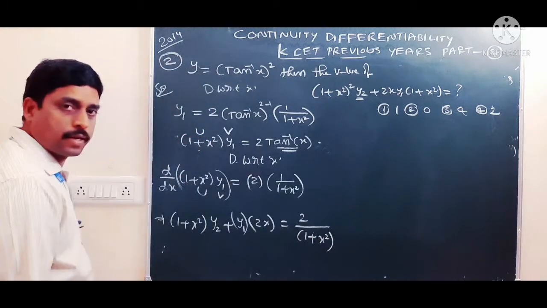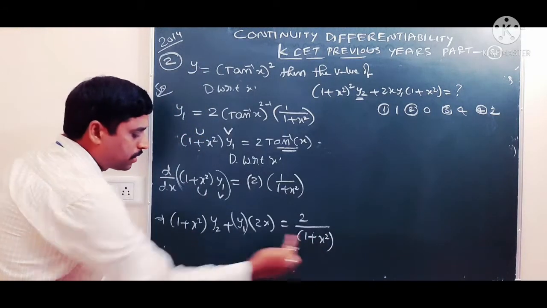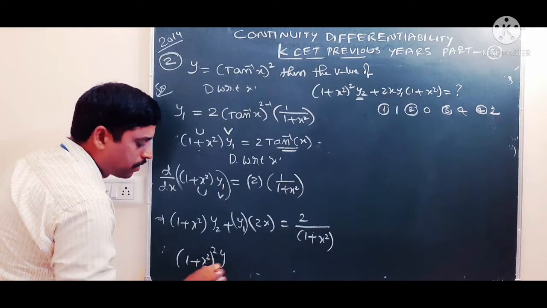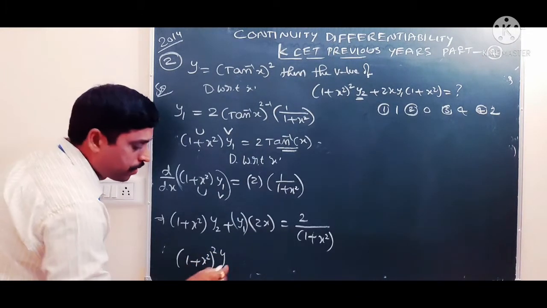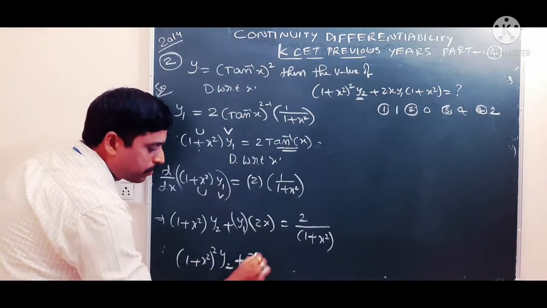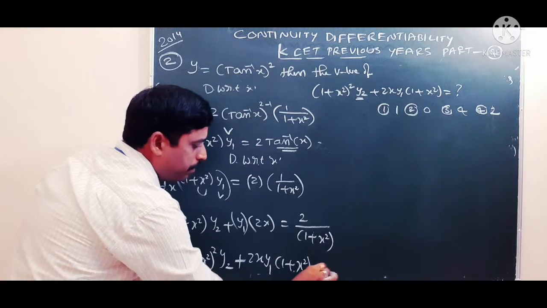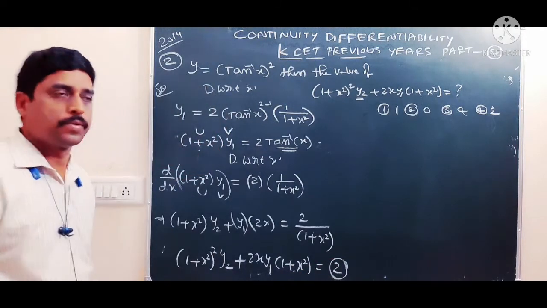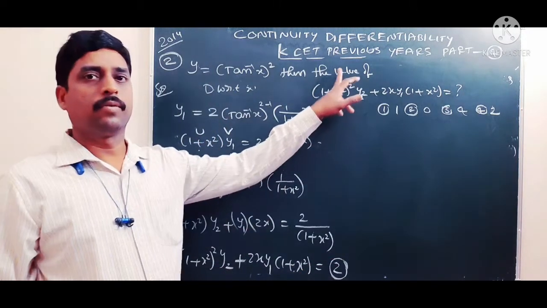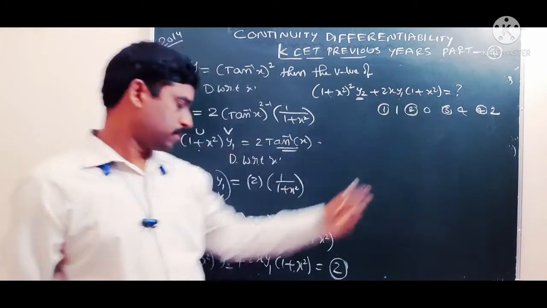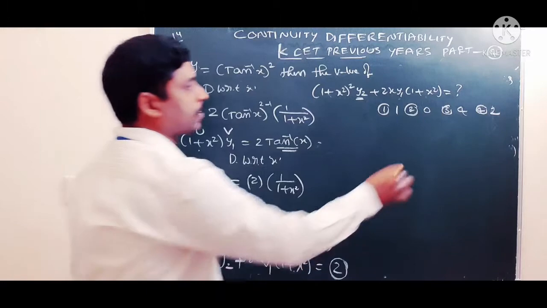Okay, by cross product, (1 plus x square) into (1 plus x square) y2, that is (1 plus x square) whole square y2, plus 2x y1 into (1 plus x square). This will be 2. So what is the answer? 2. So (1 plus x square) whole square y2 plus 2x y1 into (1 plus x square) is 2. Answer is 2. So option 4 is correct.